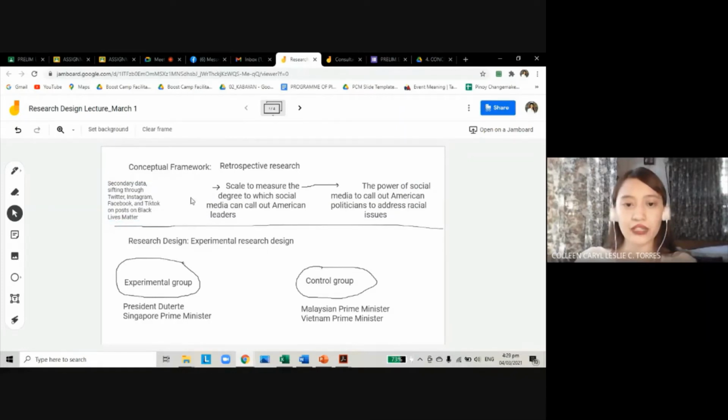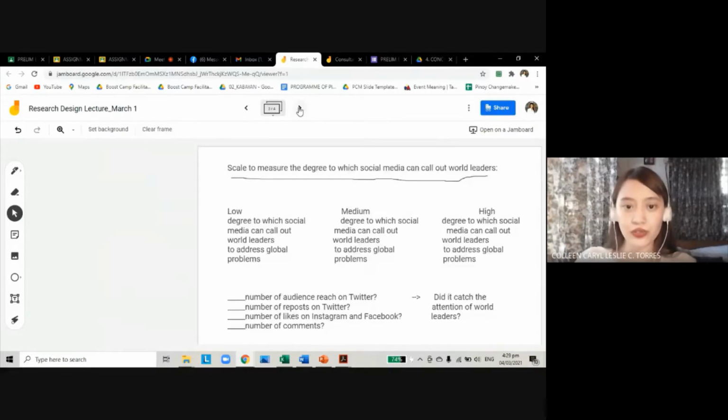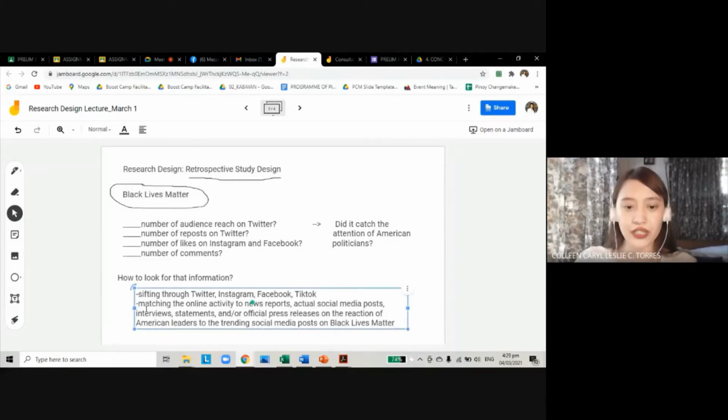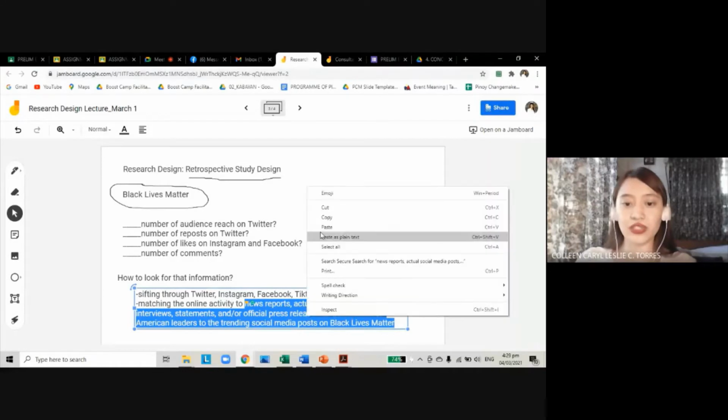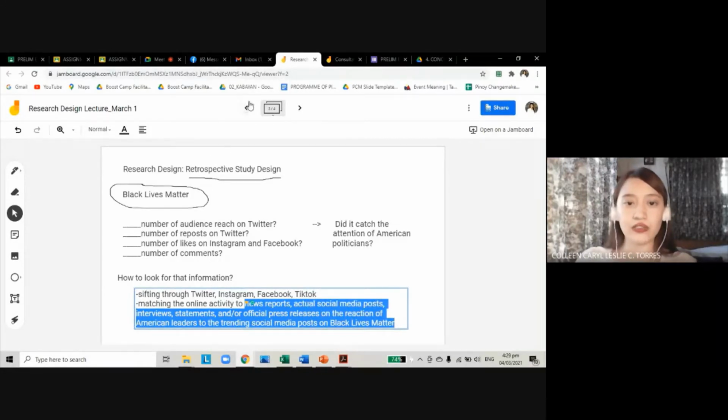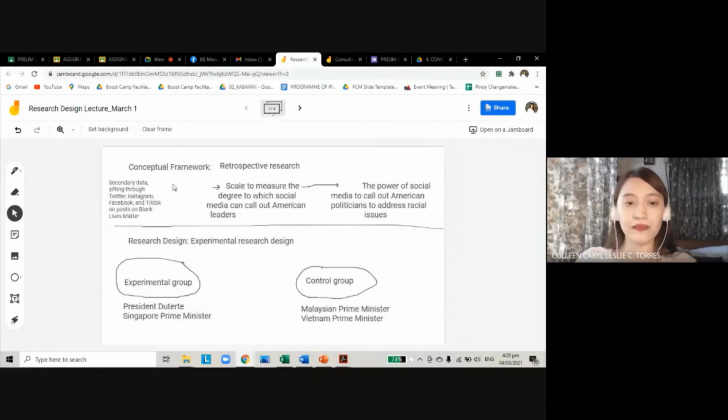It's still a rough outline, and aside from this, we are then going to also look through matching online activity to news reports, actual social media posts, interviews on the reaction of American leaders to the trending social media posts on Black Lives Matter. So this also refers to secondary data.